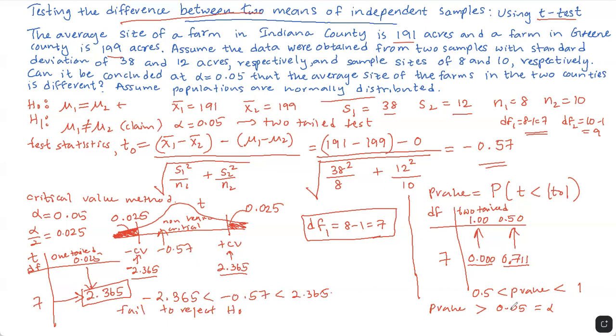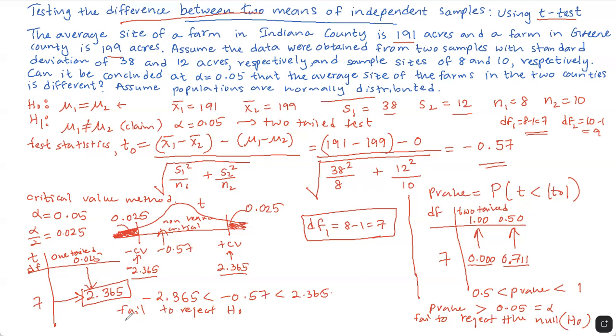Since the p-value is larger than 0.05, we fail to reject the null.